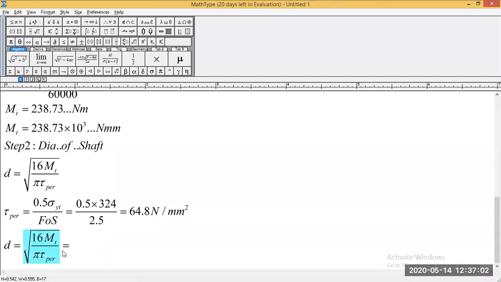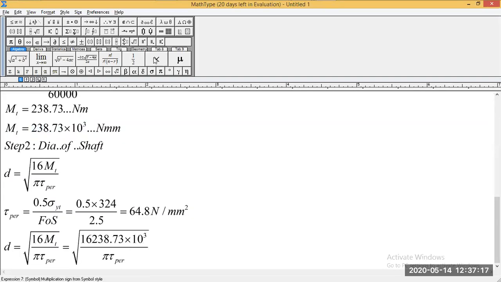The torque is already found; this is the value of the torque. Put a multiplier here into pi into permissible shear stress, which is this value. Right, so find out the shaft diameter using this equation.